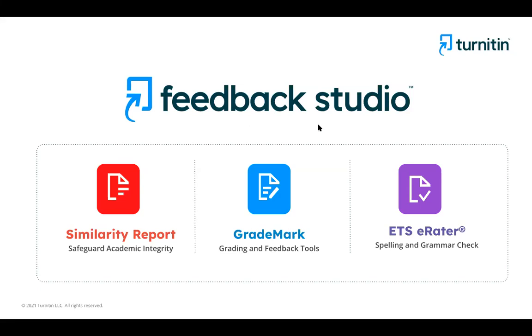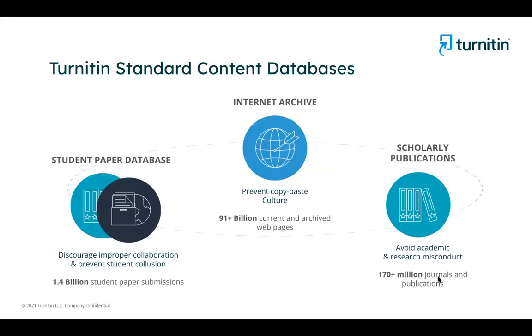Now, what I'm showing here is the Turnitin standard content databases that we have. When you are submitting your work or your students' work, we are comparing it against the three standard databases that you are seeing right now. The first one is the student paper database. This will ensure that you will be able to find out if your students' papers are colluding with each other.